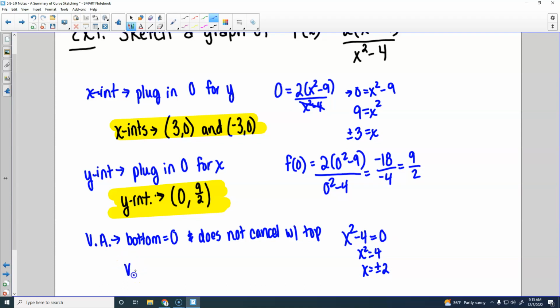So we get vertical asymptotes at x equals 2 and x equals negative 2. That's also our domain: x cannot equal negative 2 and x cannot equal positive 2.